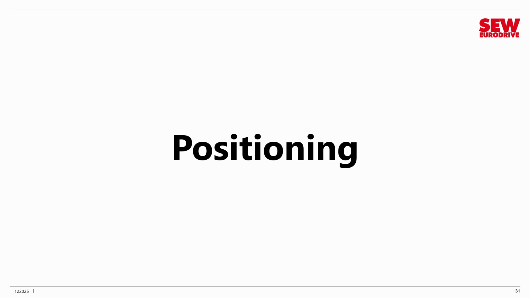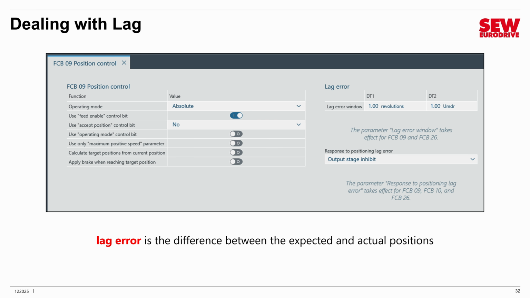So at long last, we can move on to positioning, except we need to talk about something else connected with positioning, and that is something called lag error. When you're positioning, the VFD knows where it's trying to go, it has an idea where it should be, and it has exact information as to where it is from the encoder.